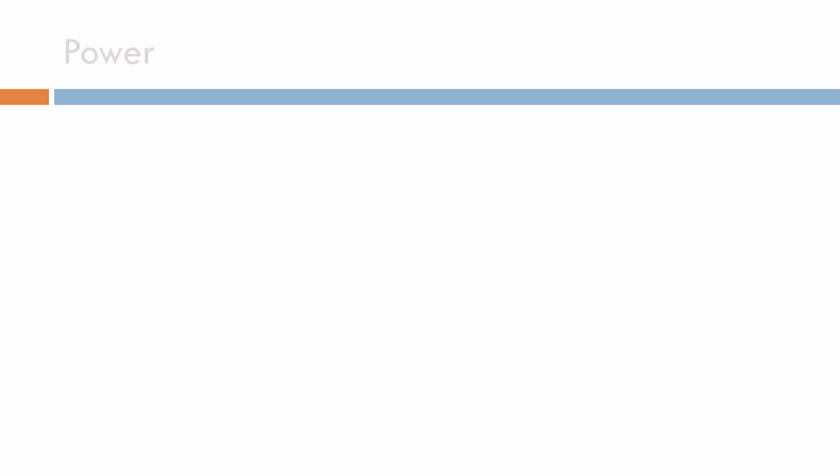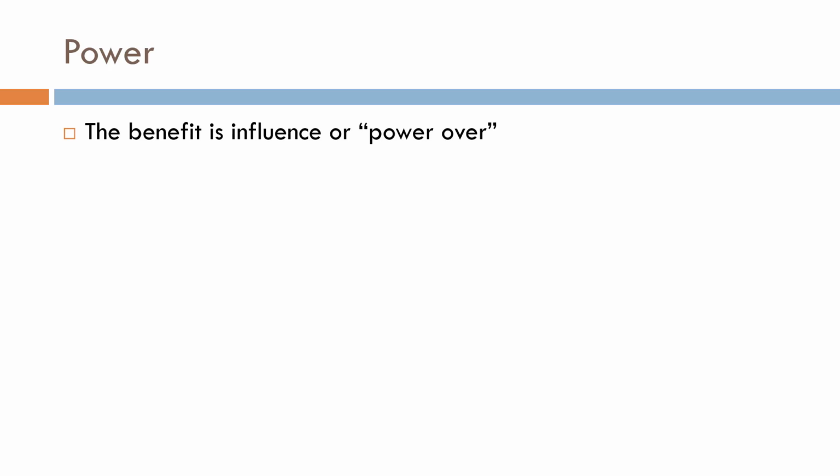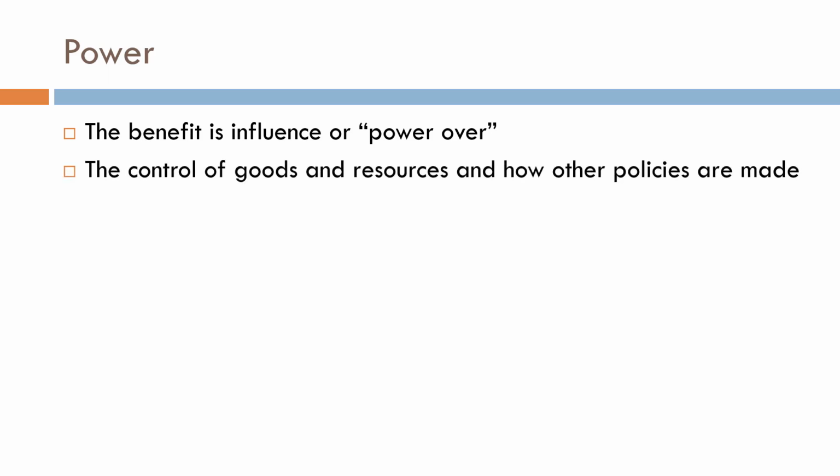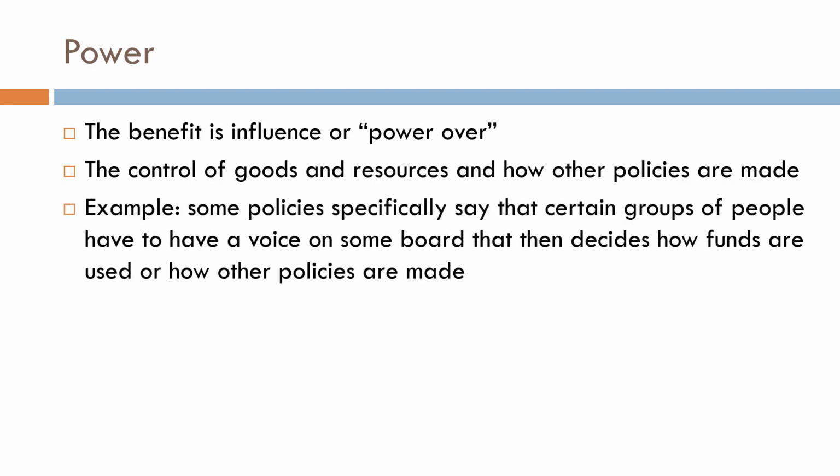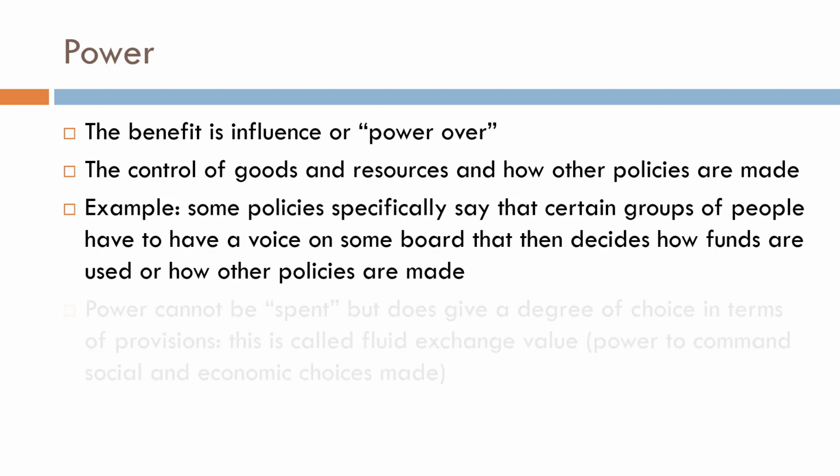Okay, power. This is the benefit to influence or to have power over, and not power over other people, but power over what one is going to receive. So it's the control of goods and resources and how other policies are made. For example, some policies specifically say that certain groups of people have to have a voice on some sort of board or what have you, that then decides how funds are used or how other policies are made.